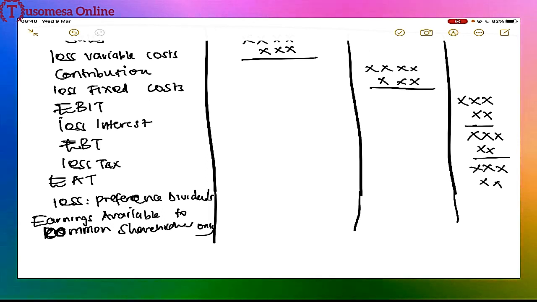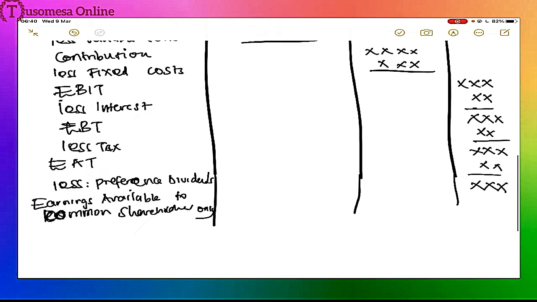So this will be the earnings which are available to the common shareholders only.